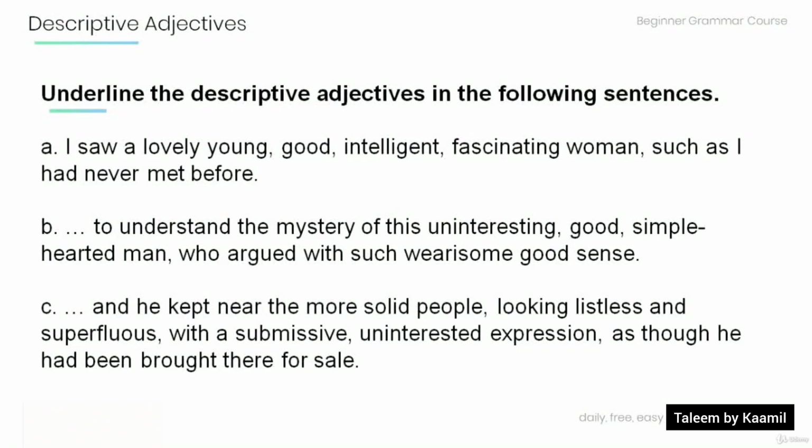And now it's time for you to practice on your own. Read the following sentences and underline the descriptive adjectives. A. I saw a lovely young, good, intelligent, fascinating woman, such as I had never met before.